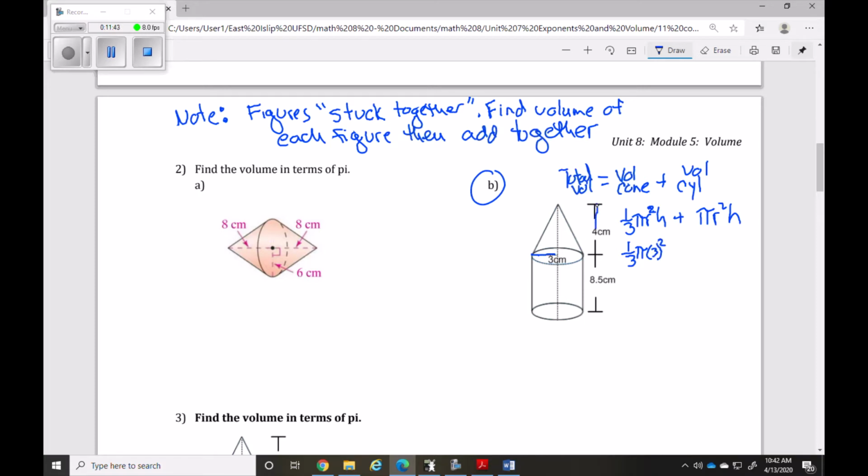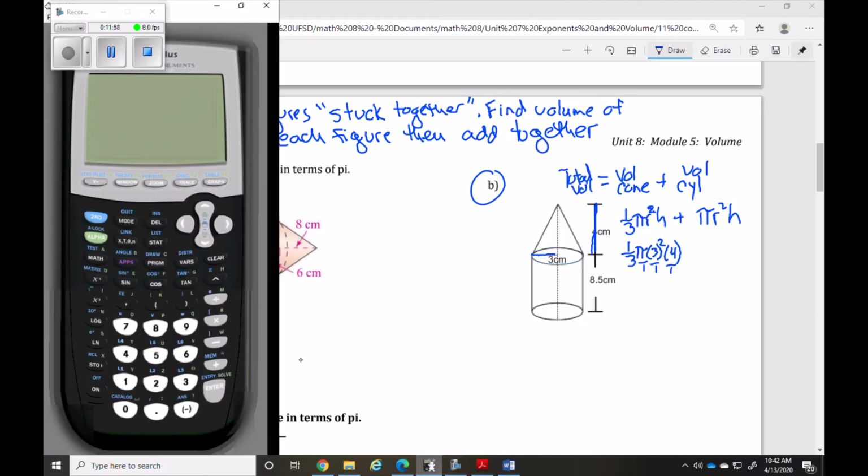And the height of the cone is this 4. And I'm going to work myself through this before I even do this cylinder. So remember, I think about these as being over 1. My numerator, remember, I'm going to always do my answer in terms of pi to begin with.